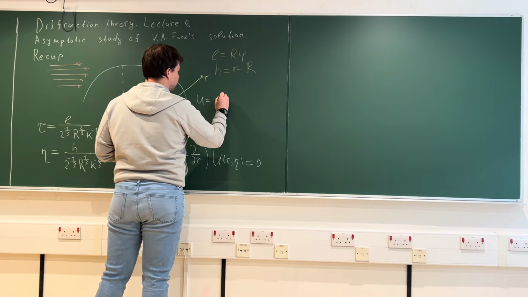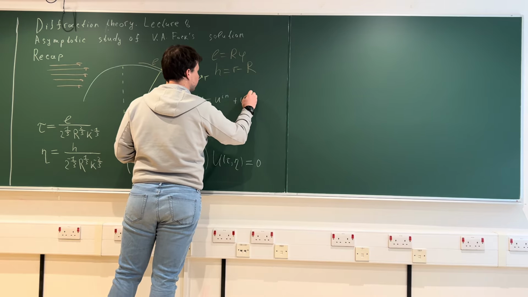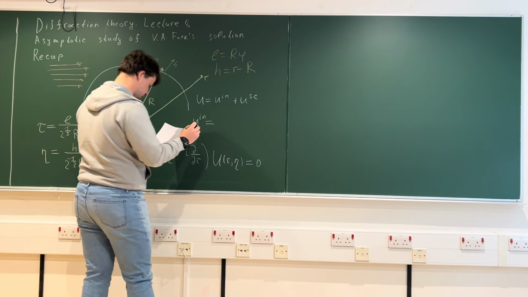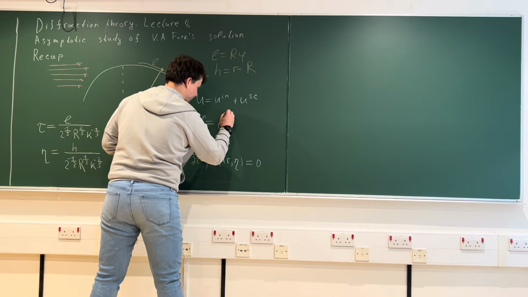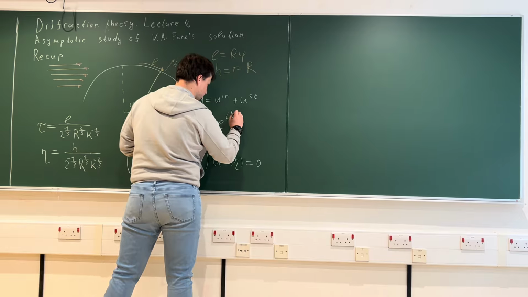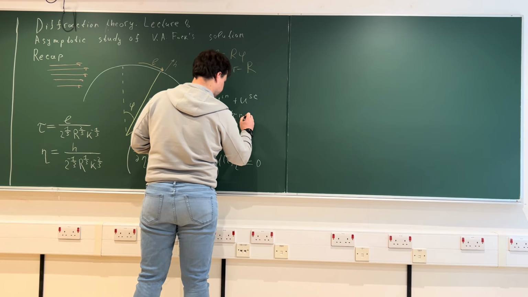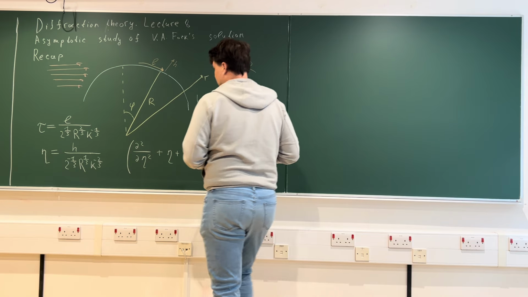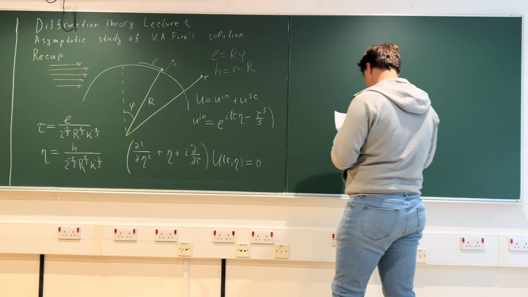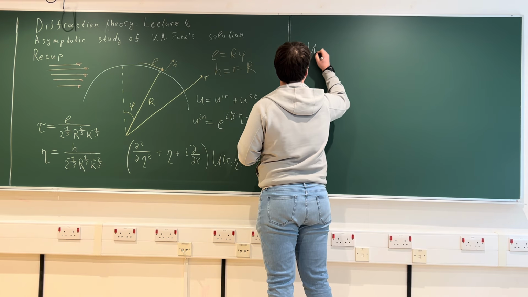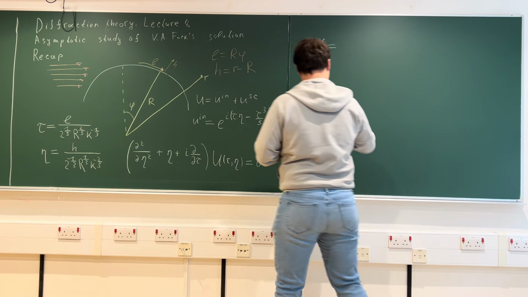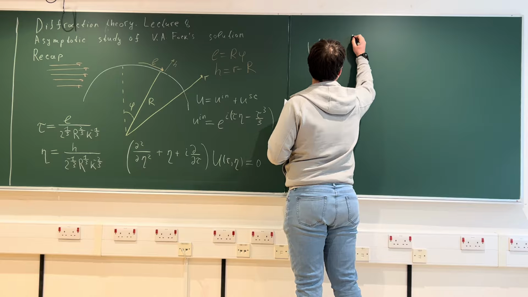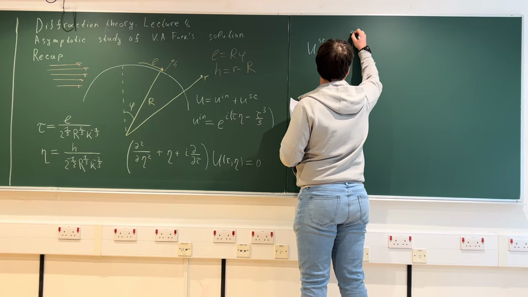The total field is the sum of the incident wave and scattered field, and the incident wave looks like this. That's all we did last time. And after a lot of efforts and some study of the Airy equation, we came up with the Fock solution of this problem.